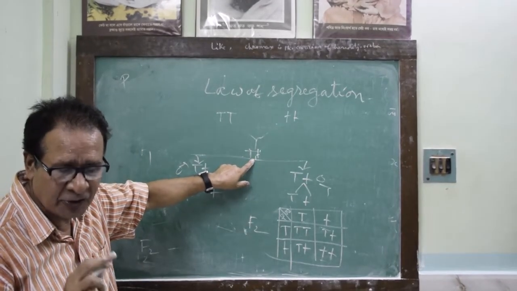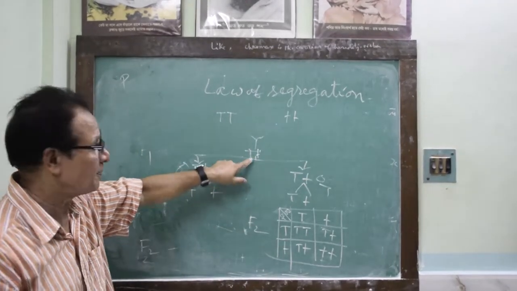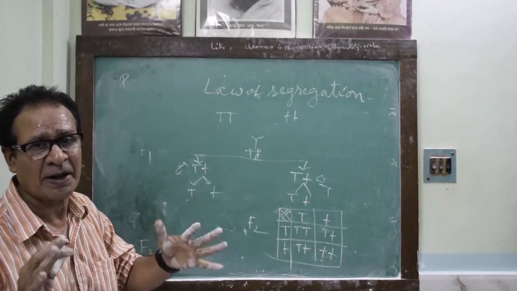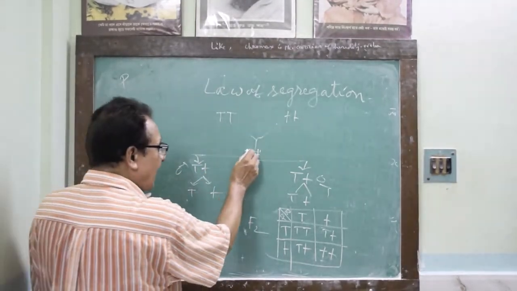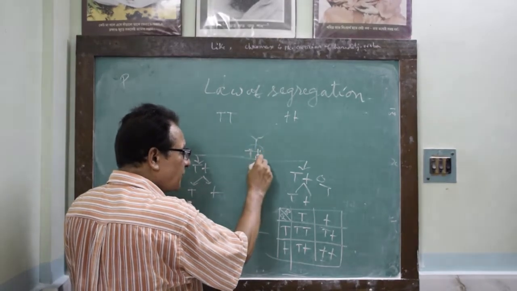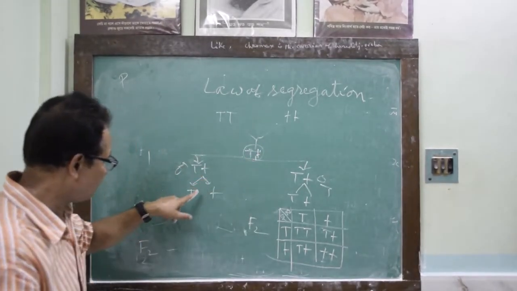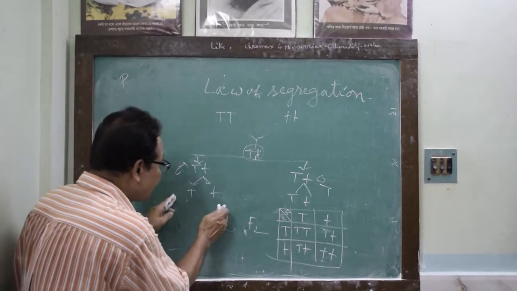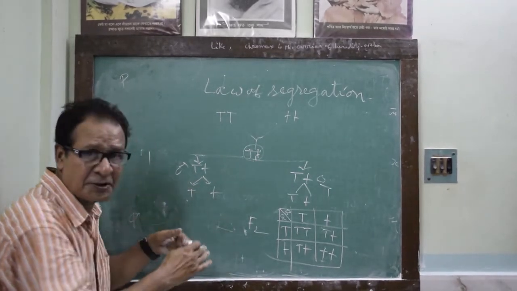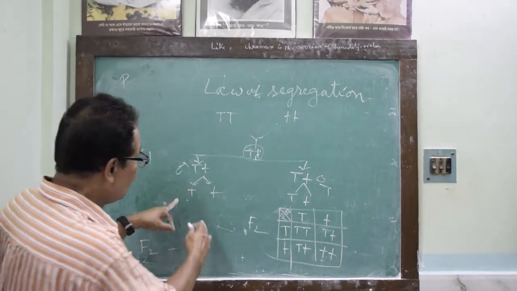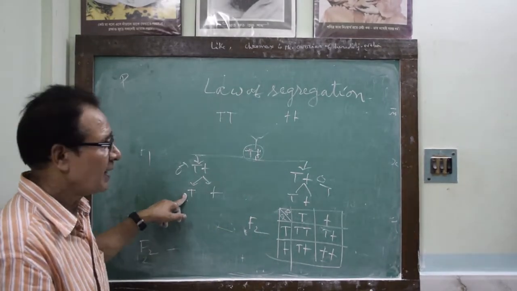He said factor, now you know it as the gene. Factors, that is, within brackets, the gene. Factors do not blend in heterozygous condition. During gametogenesis, that is formation of gametes, they are segregated, that is differentiated, and are distributed into different gametes.